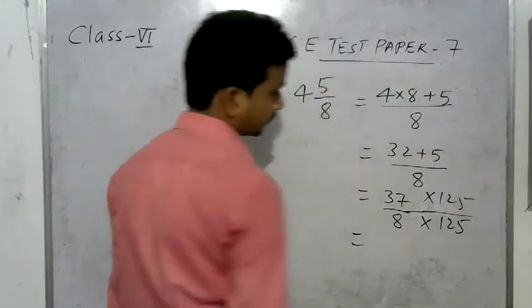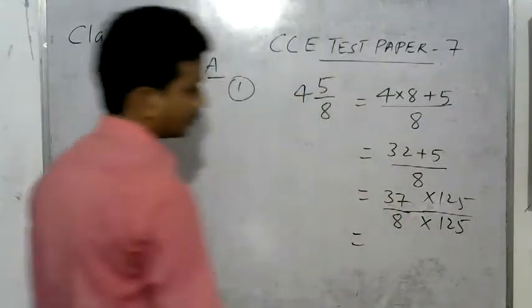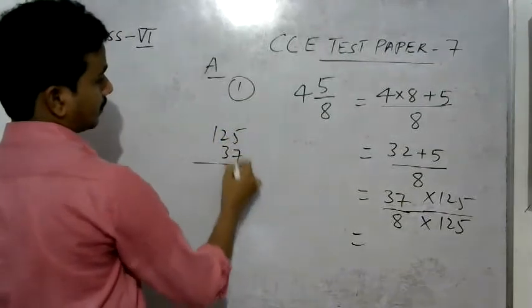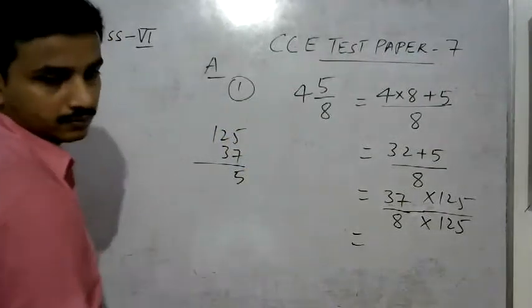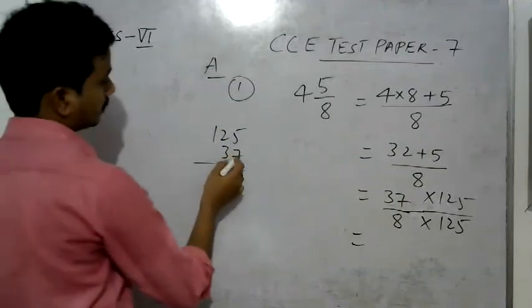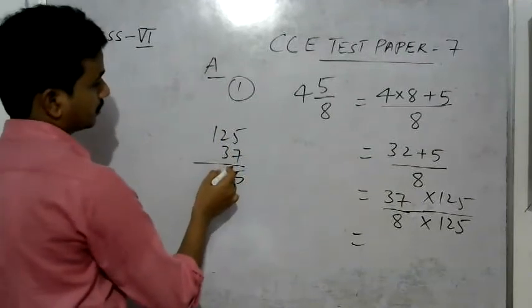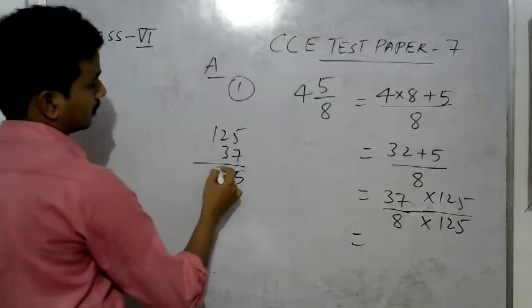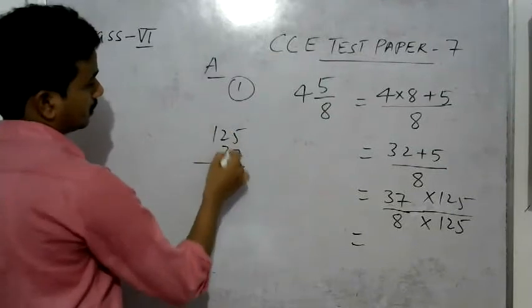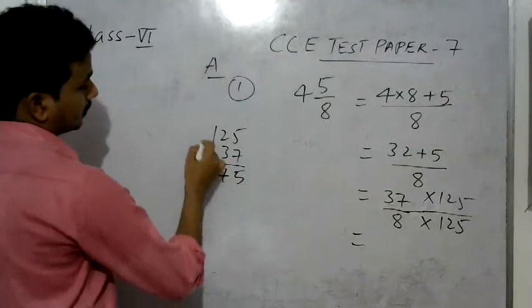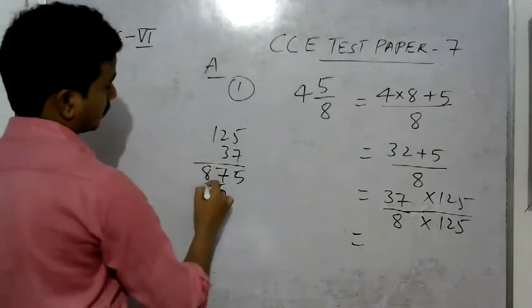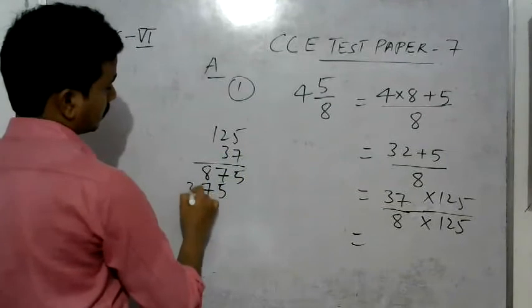Now it will become 37 into 125. 125 into 37: 7 5 is 35. 7 2 is 14. 14 plus 3 is 17. 7 and 7 plus 1 is 8. 3 5 is 15. 3 2 is 6. 1 and 7 is 7, 3 1 is 3.